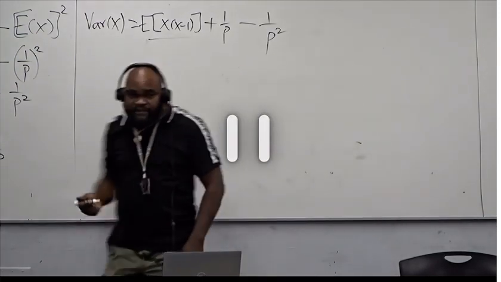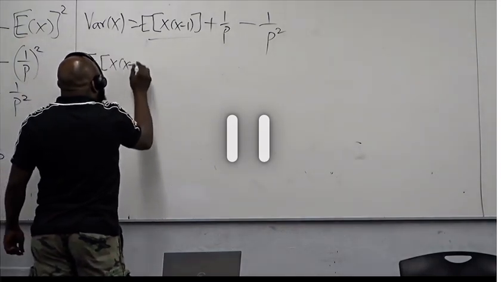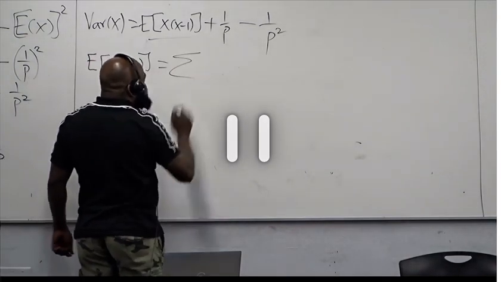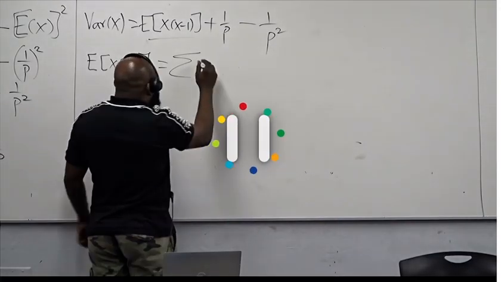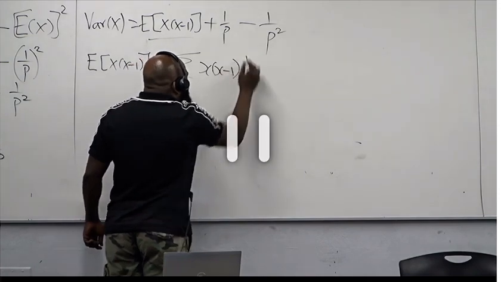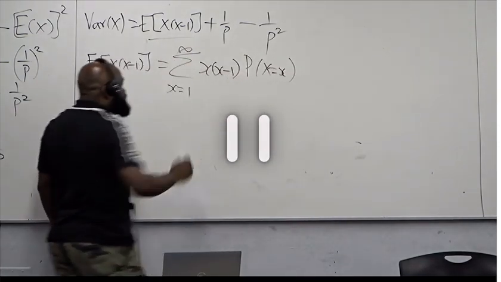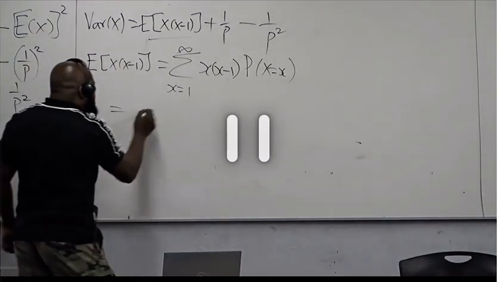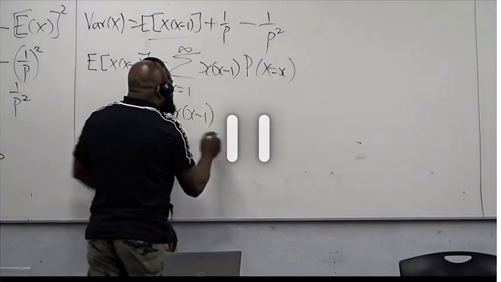For a discrete random variable, expectation of X into X minus 1 is the summation of X into X minus 1 times the probability of X equal to that, X starting from 1 to infinity.